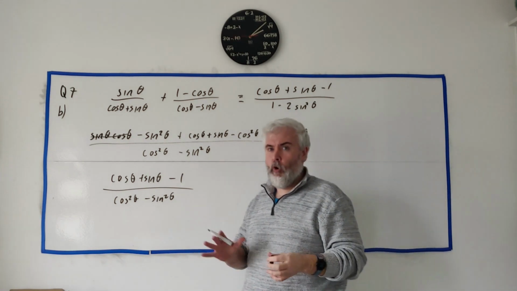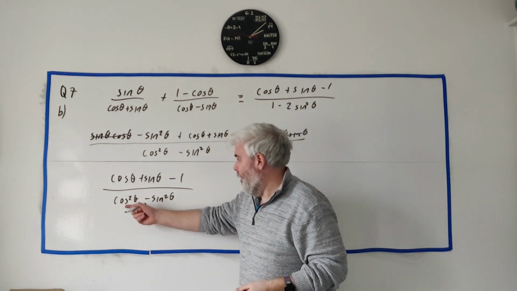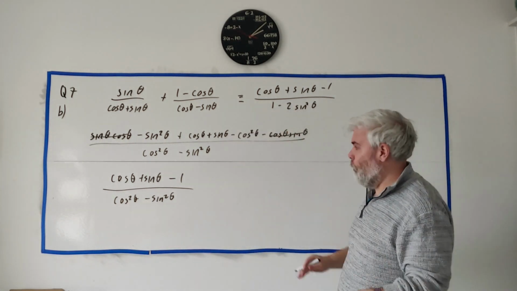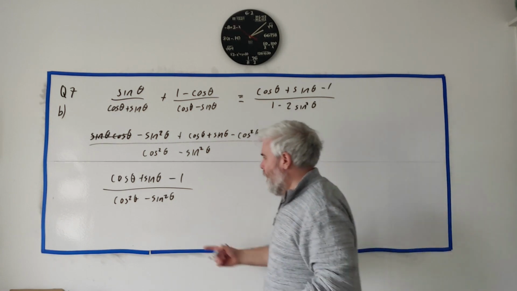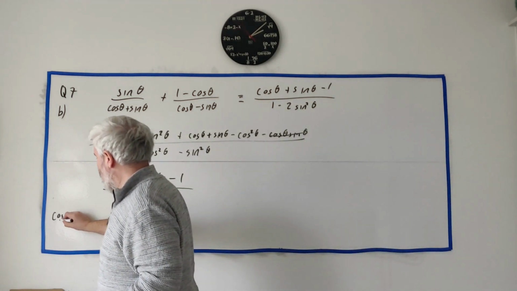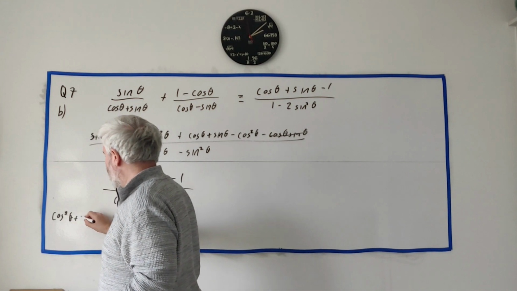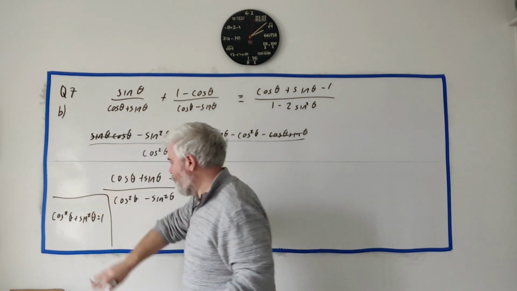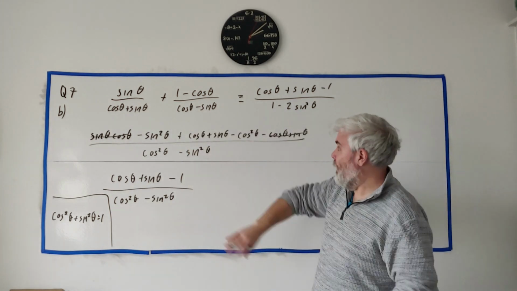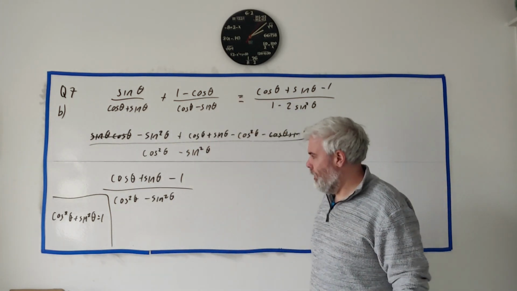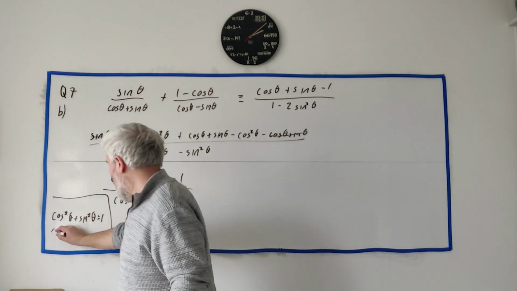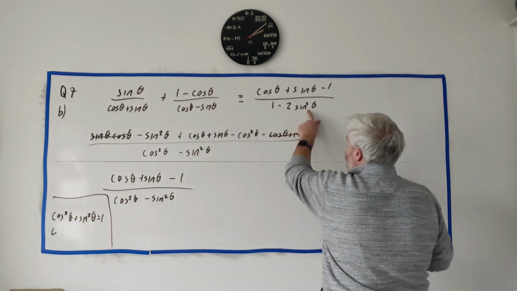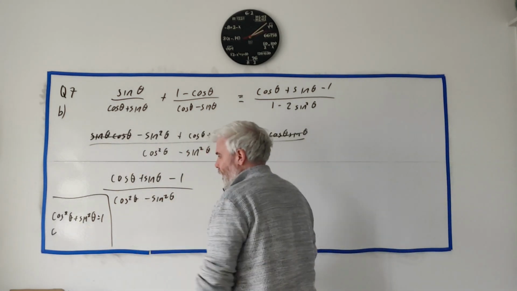We can go to our formulas. There is a line saying this is equal to that, and we're done. But you should be able to do this yourself, because it's just cosine squared theta plus sine squared theta equals 1. That should be something on top of your mind. We've already used it twice in this. Well, that means we want sines, we want to get rid of the cosine.